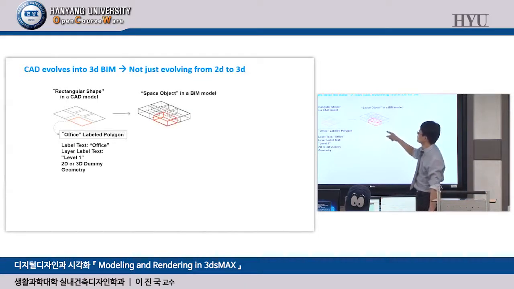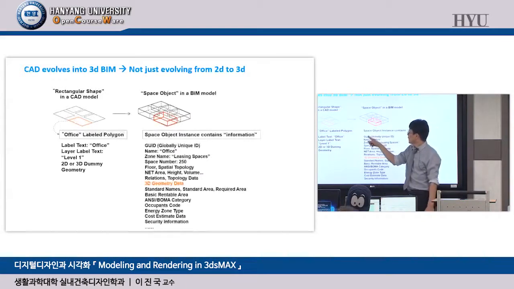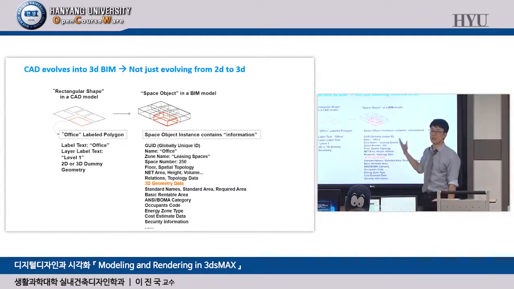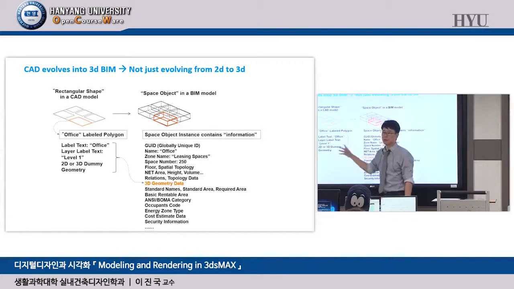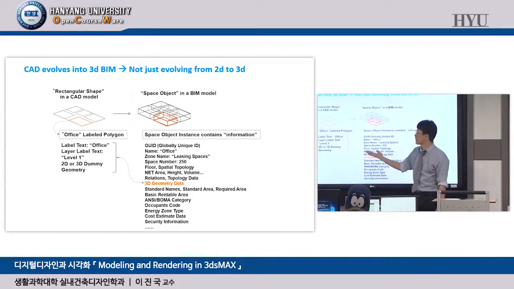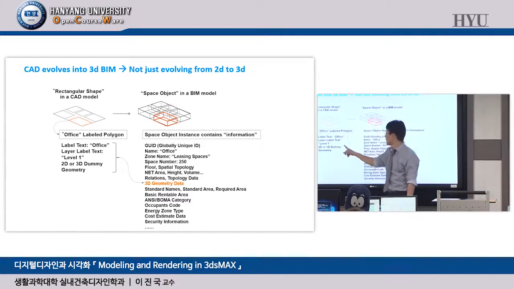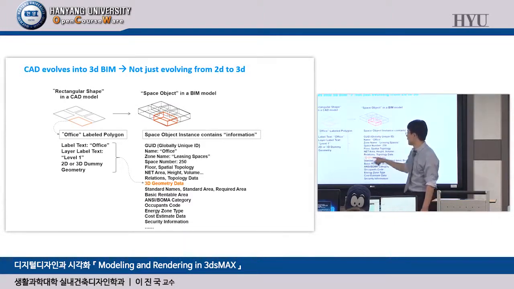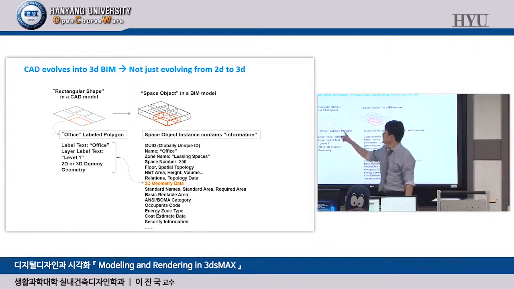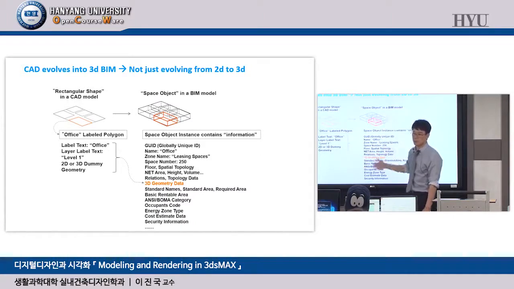But take a look at this approach. Space object in a BIM model. It has an amount of space and building related information. How about the entire information we had before with CAD systems? They are just one line of this information. 3D geometry data, geometric information. This is still very important in this approach.